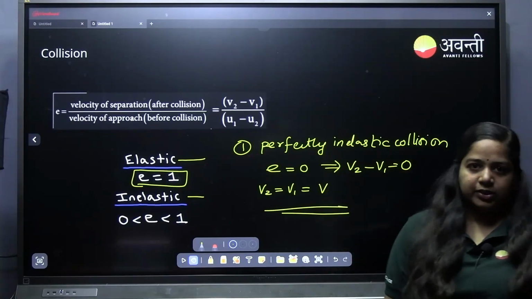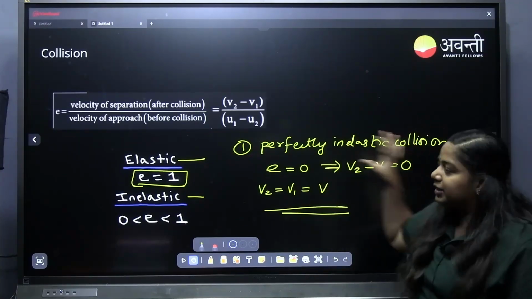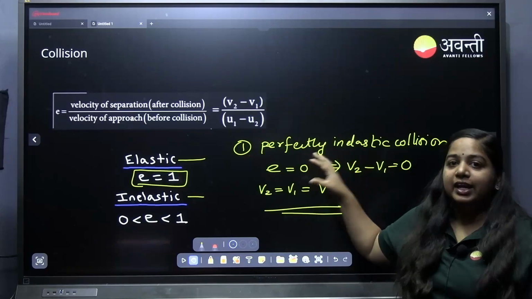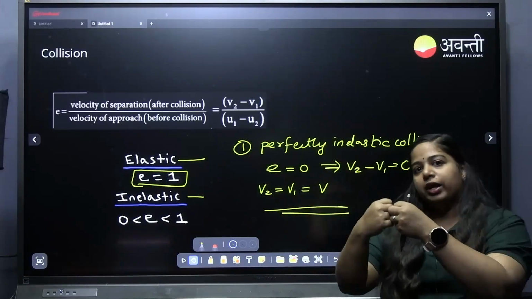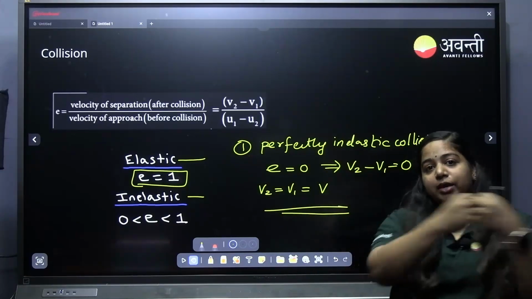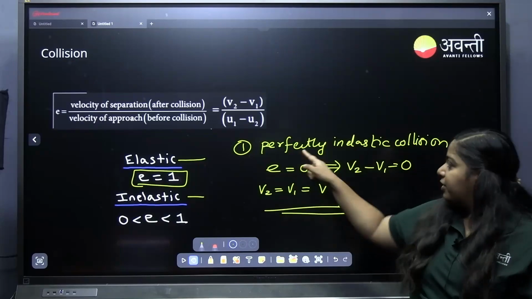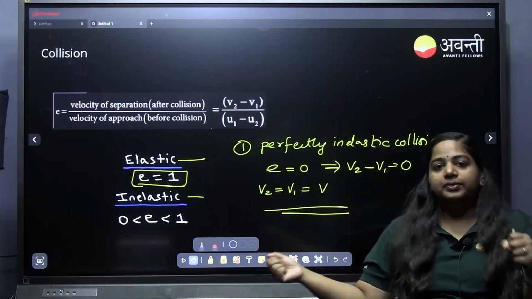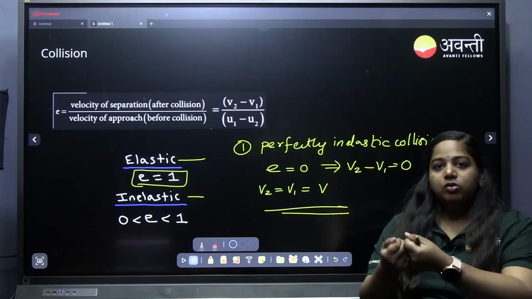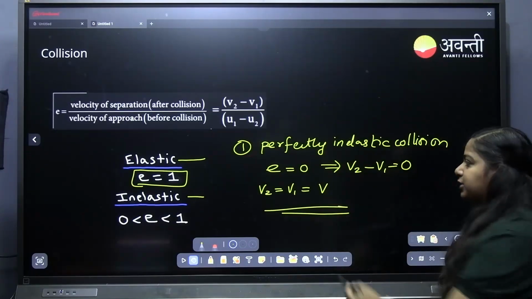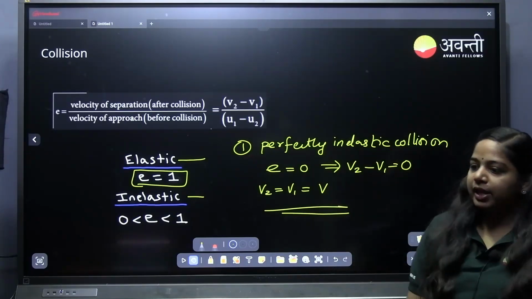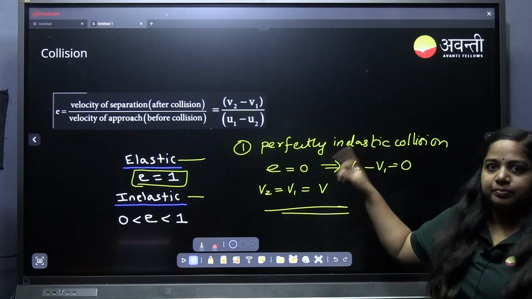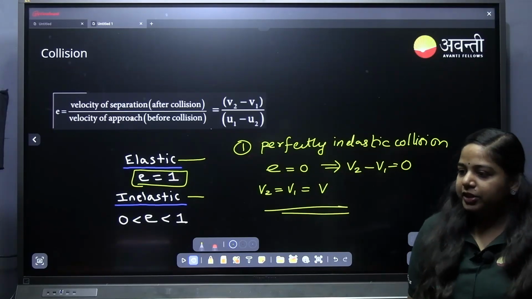If this term perfectly inelastic comes, it means that two objects collided, and after the collision they are moving together, that's why they have the same velocity. I hope this is clear for all. Coefficient of restitution.